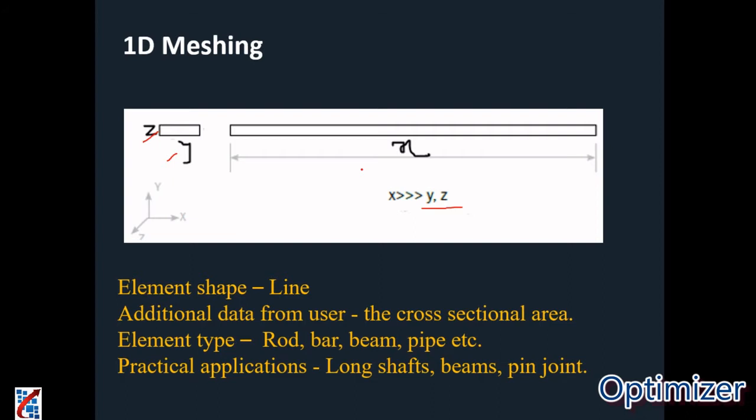Normally the shape of these elements is just like a line, and one more thing, the user needs to define the cross section of that element.